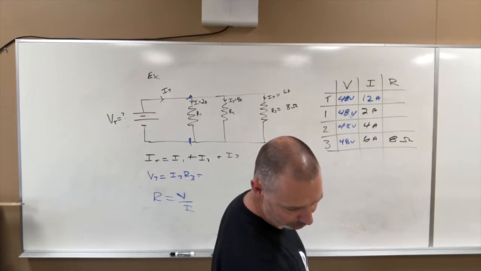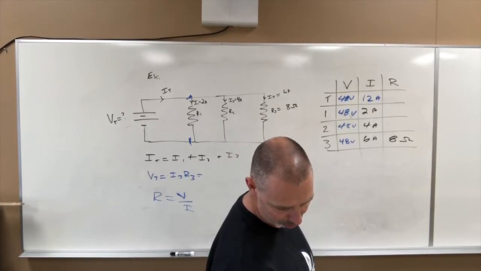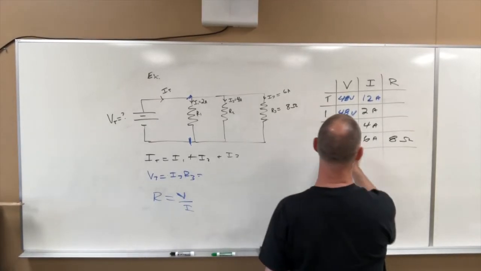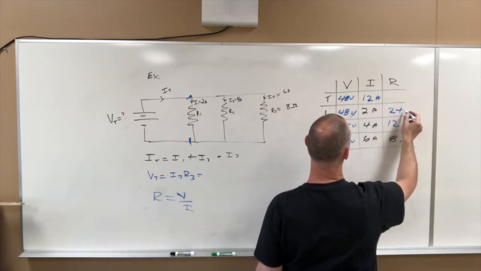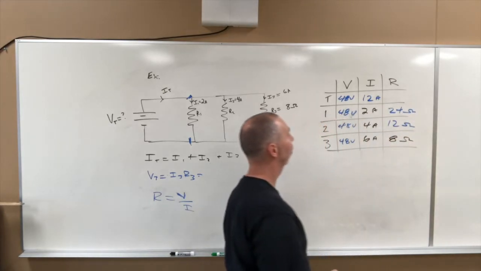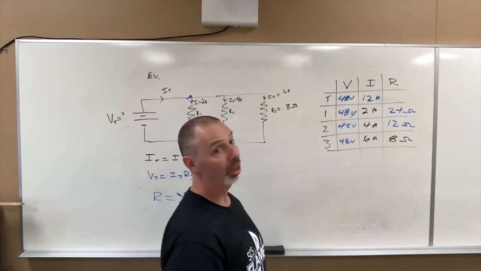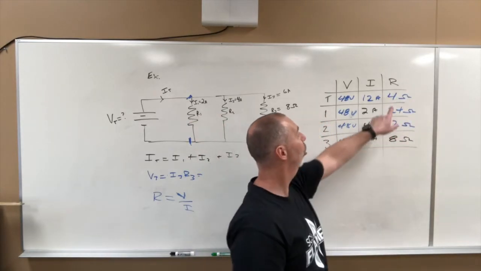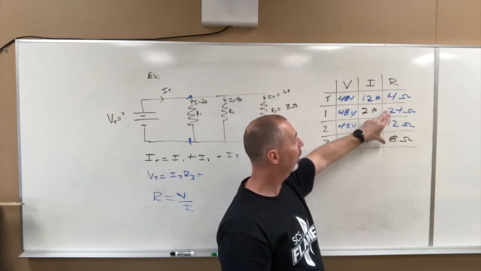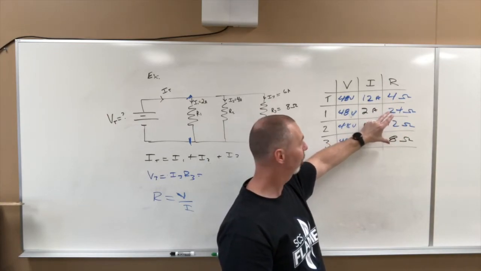Oh, this question didn't even ask us to find R1 and R2. Okay, so let's find the 48. This is 12 ohms. This is 24 ohms. And then to find the top one, again, we would do 48 divided by 12, which will be 4 ohms. And again, this 4 ohms you could find by finding the equivalent resistance of these 3 resistors here.